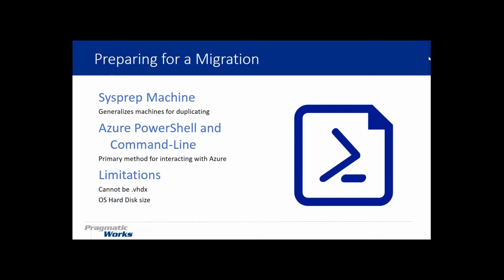So I mentioned that it's only required if you want to duplicate the VMs. If you just want to upload the VHD and then create one VM off of that, you don't actually have to run sysprep. Sysprep is going to wipe out all the system level configurations that you've done.